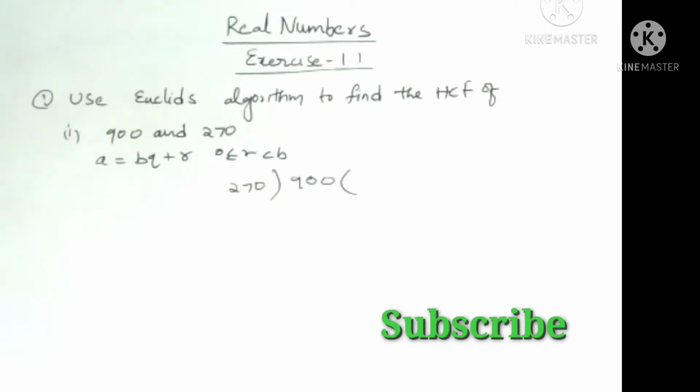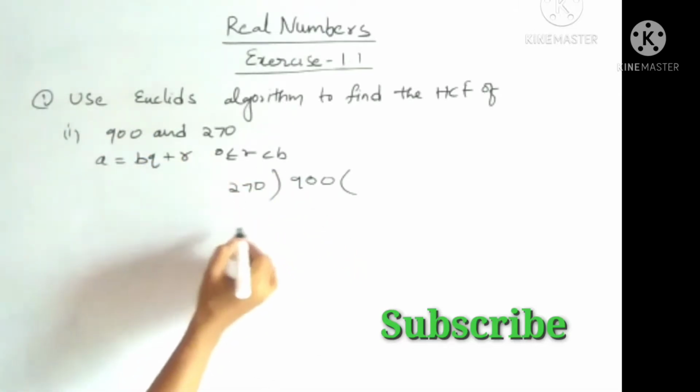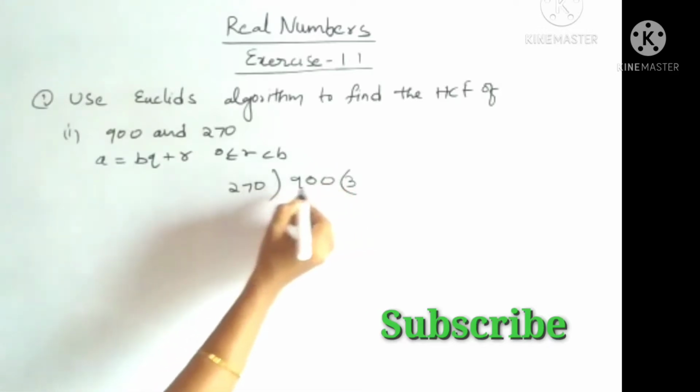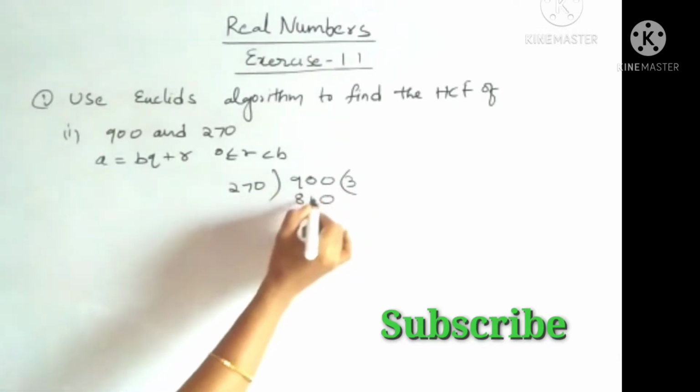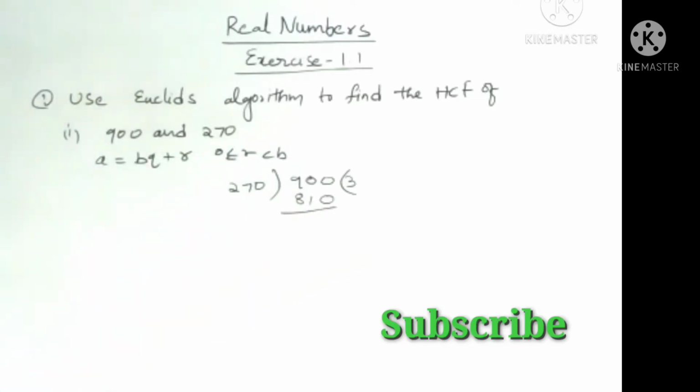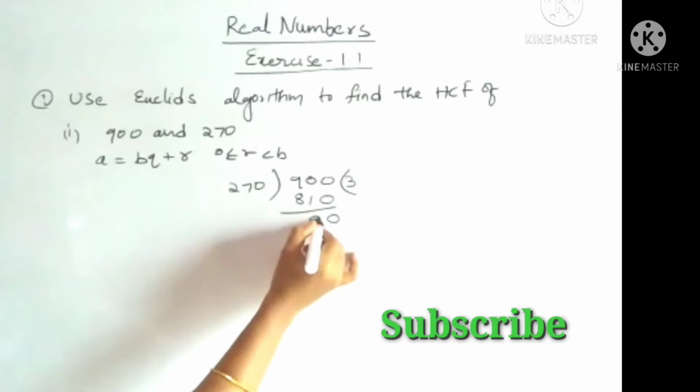How many times will 270 divide? 2 threes are 6, right? So 27 threes we'll check. 27 threes are clearly 81, so 270 times 3 is 810. If we subtract, 0, 10 minus 1, 9.